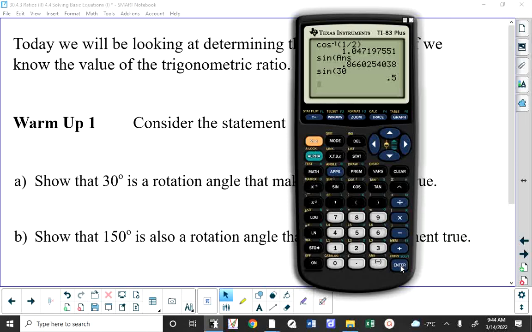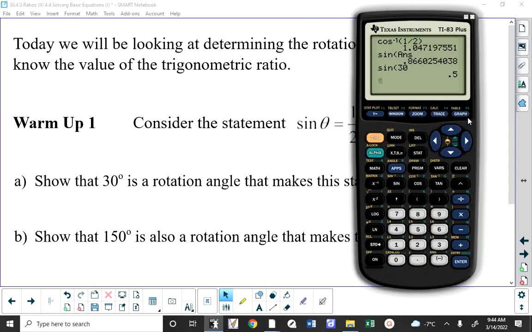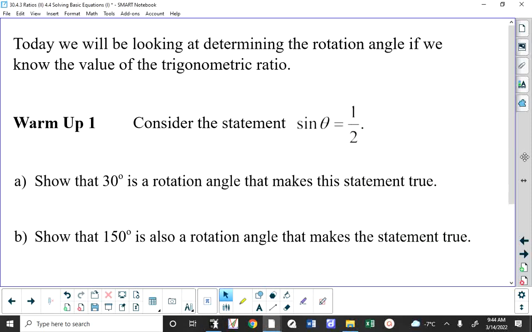Show that 150 degrees is also a rotation angle. So we could go sine of 150 degrees, and you can see that it's a rotation angle that makes that equation true. There's nothing we really need to write here. We've just convinced ourselves that there are at least two numbers for an angle that will make that equation true. What we've really done is come up with what we call solutions to this equation.